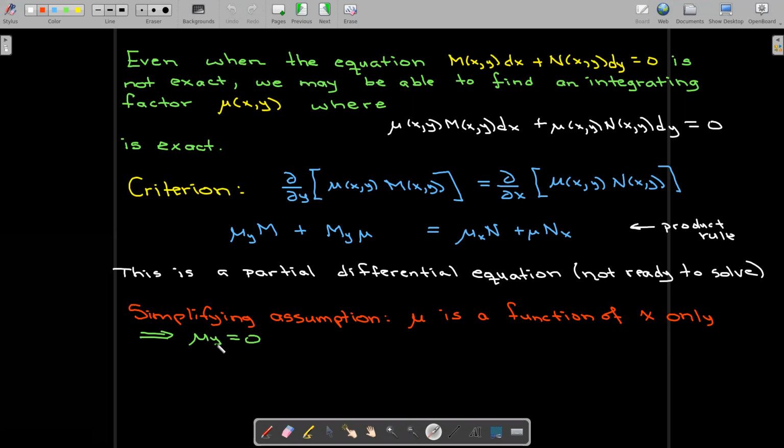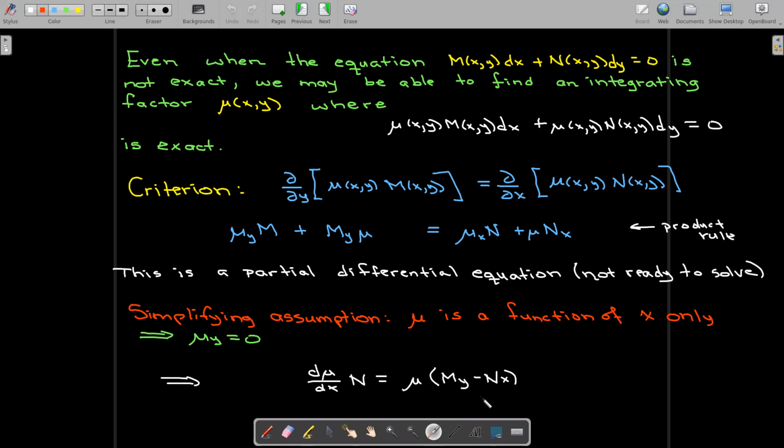So its partial derivative with respect to y would be 0, which means that this term would drop out. And if I do some algebra with what's left over, also the mu sub x, the partial derivative of mu with respect to x, is just going to change into d mu dx, because now we're assuming that mu depends on x only. And we get this equation here.